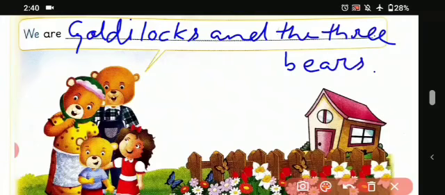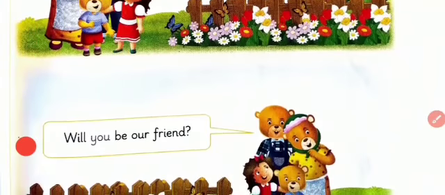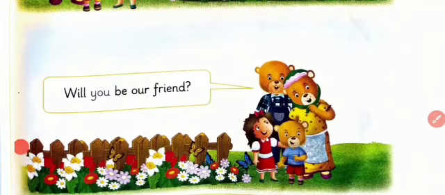So students, here the girl is saying that we are Goldilocks and the 3 bears. Will you be my friends? So what students? She is also asking us that, will you be my friends?